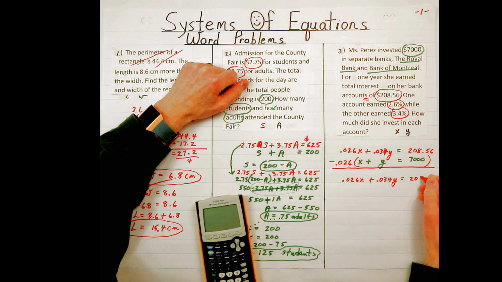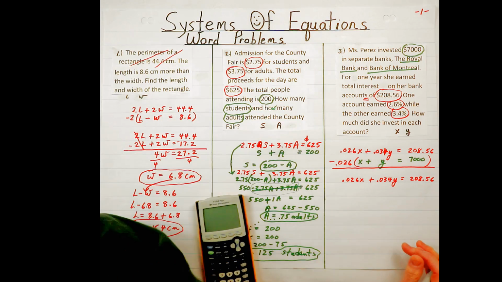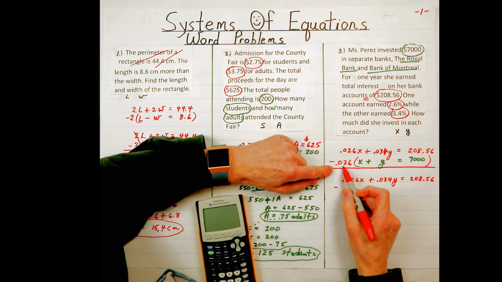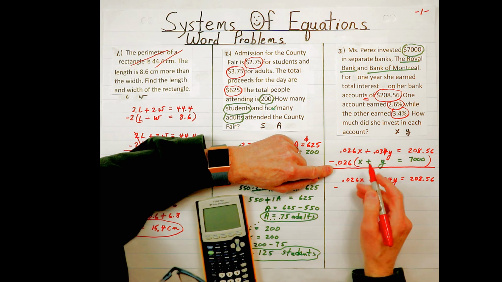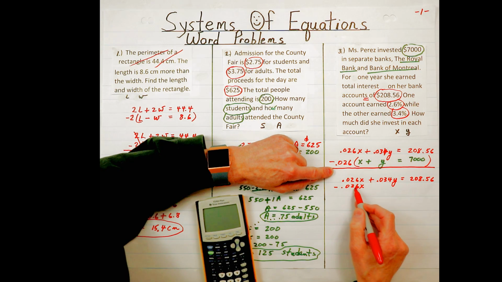Now when you get into decimals, you just have to be really careful that you don't make a careless mistake. And I'm hoping that I'm not going to do that. So negative 0.026 times x, negative 0.026x. So that sets up our elimination here.